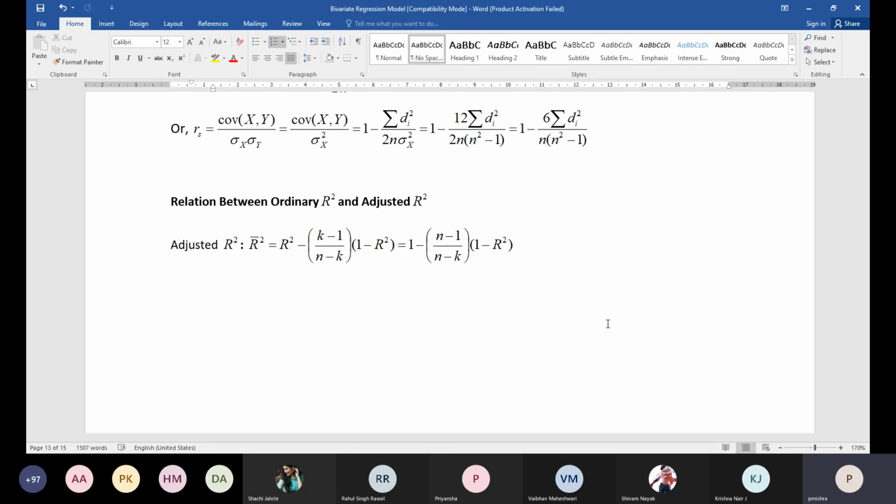What basically we try to do is estimate the best possible model. When we do this, two aspects are very, very important. One is exclusion or inclusion of variables. The second one is the choice of the functional form.